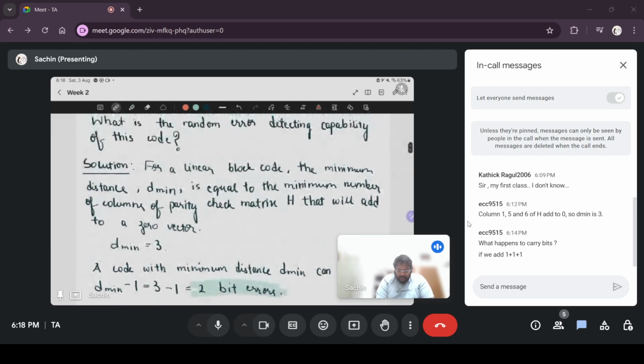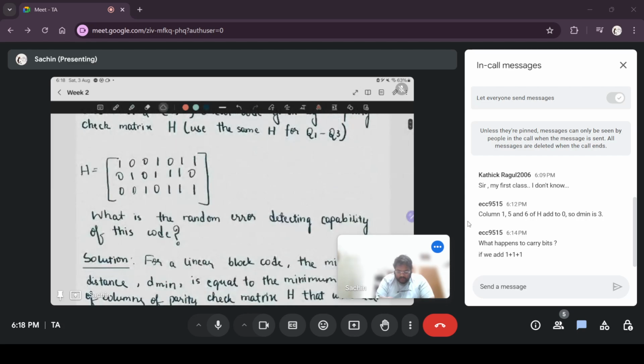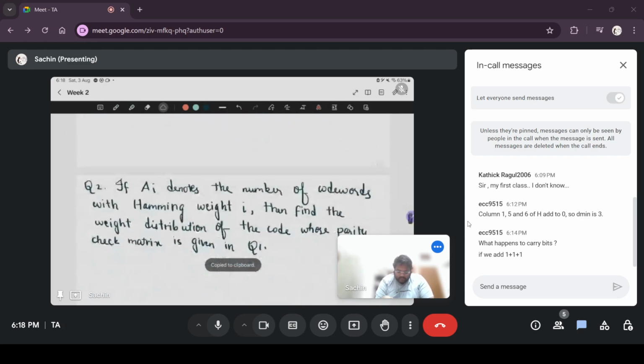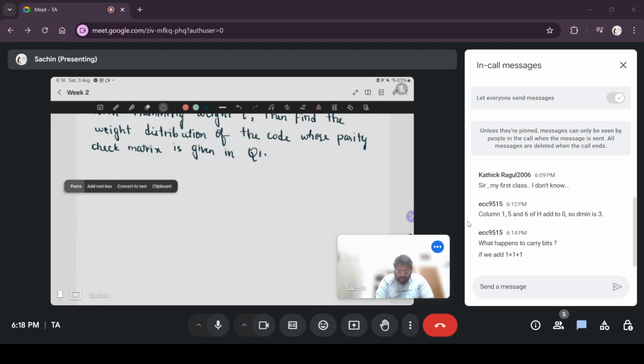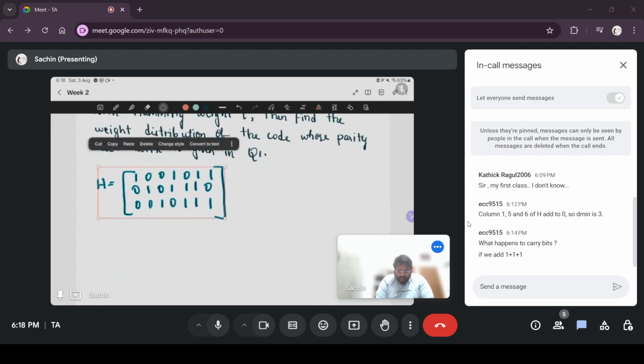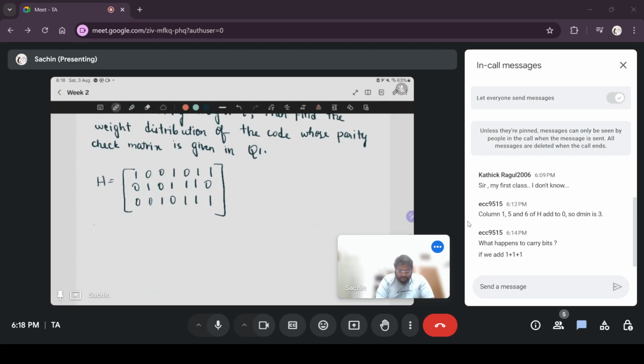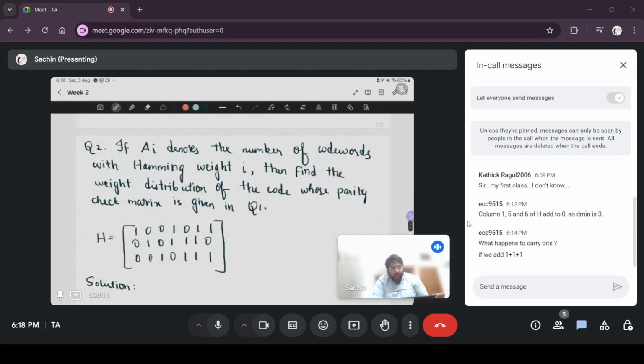So let me copy down this matrix first. I'll give you 2 minutes to solve it yourself.